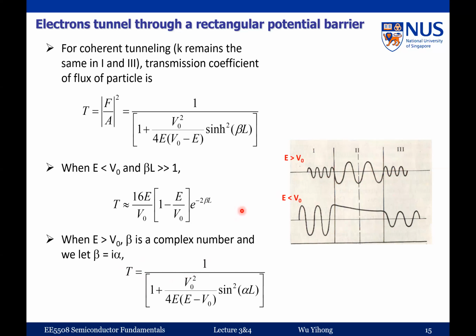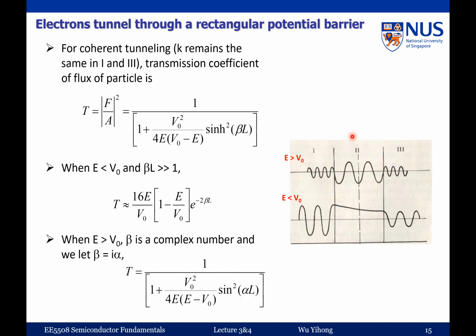However, even when E is greater than V naught, when you don't satisfy this equation, it means this is not equal to 0. If this is not equal to 0, and V naught is of course finite, since E is greater than V naught in this case, overall this is a number greater than 0. So T will be smaller than 1. What does this mean? In quantum mechanics, even when E is greater than V naught, it does not mean that the electron will go through 100% without any influence of the barrier.